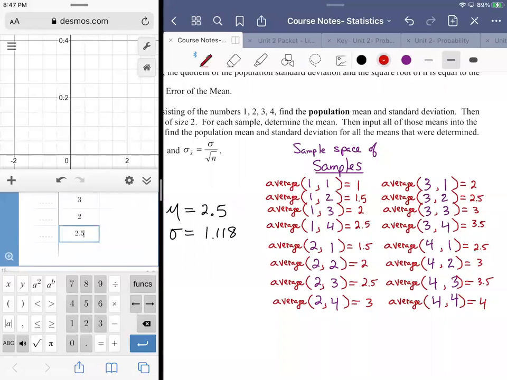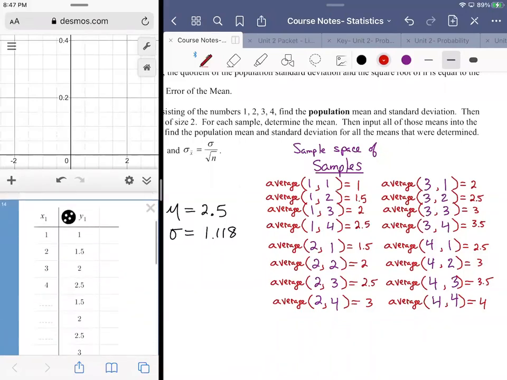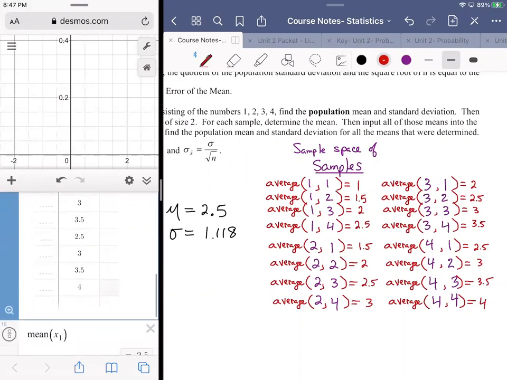There was nowhere to type it in. You were crunching these numbers by hand. All right, so barring any catastrophic error, it looks like I got all 16 values in there.